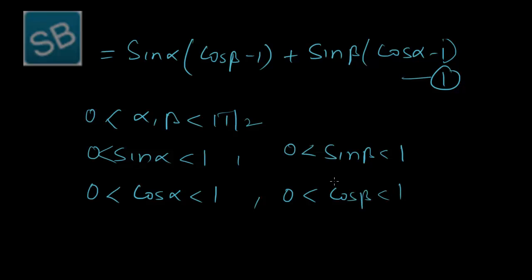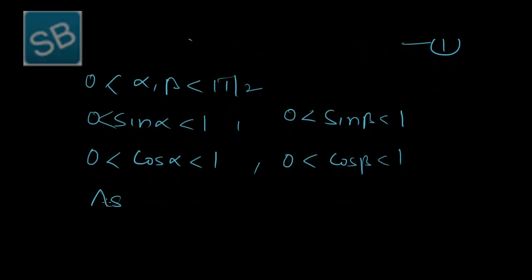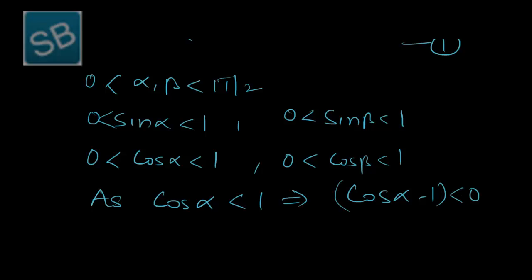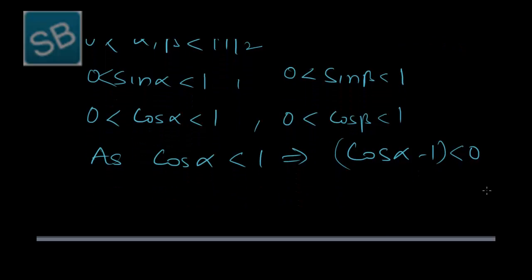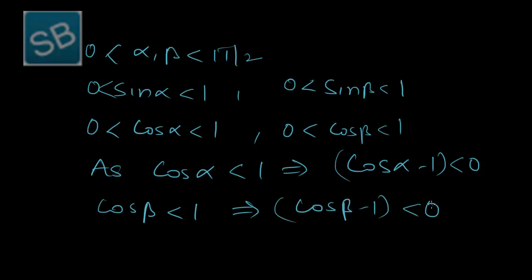So from this we have cos alpha less than 1, that means cos alpha minus 1 is less than 0, that is a negative quantity, and cos beta is less than 1, that implies cos beta minus 1 is less than 0.